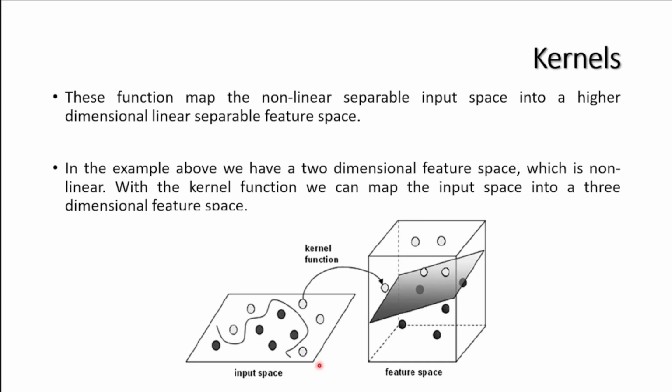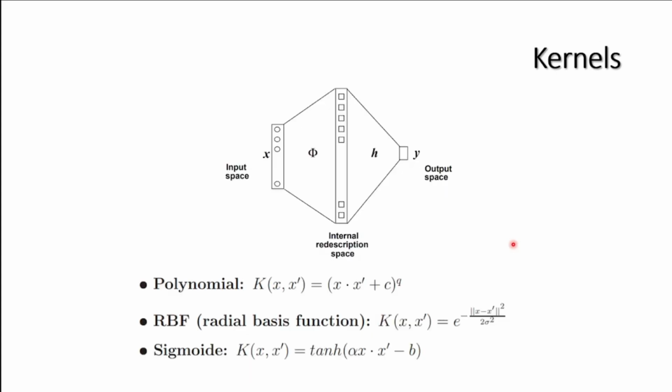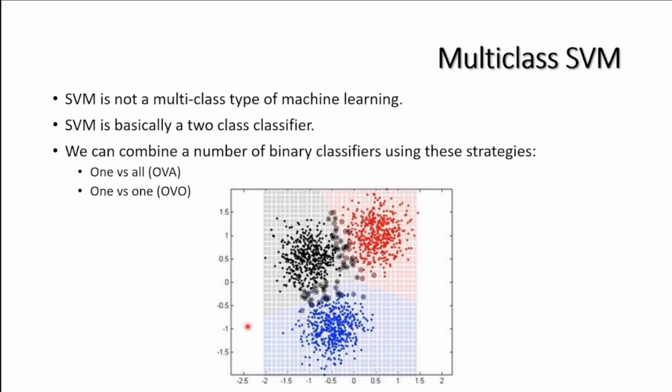If we put in another higher dimension, for example z equal x squared plus y squared, we can see that some data is floating away upstairs and some data is floating downstairs. So we can slice them with a 3-dimensional hyperplane, like a piece of A4 paper. We might have several kinds of kernel: polynomial, the radial basis function as we mentioned at the beginning of the slides, and sigmoid, right?